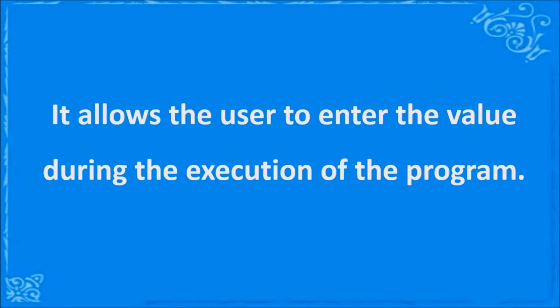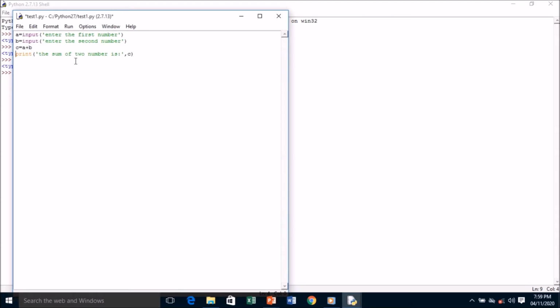But when we give the value while the program is running, that time we use input function. So with the help of input function we can give the value to the variable. In a simple way, input function is used to accept inputs from the user.